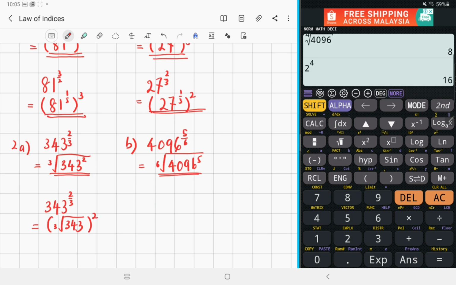For this one, 4096 to the power of 5 over 6 is equal to, open the bracket, 6th root of 4096, close the bracket, to the power of 5.